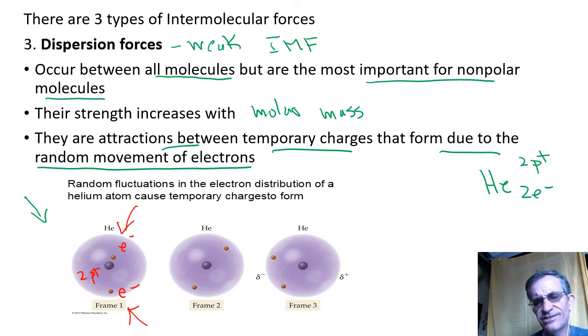So let's imagine a millisecond goes by, and we take another picture. Now those electrons have moved a little bit. We still have the protons in the middle, and one electron's on the top right and the other one's on the bottom left.